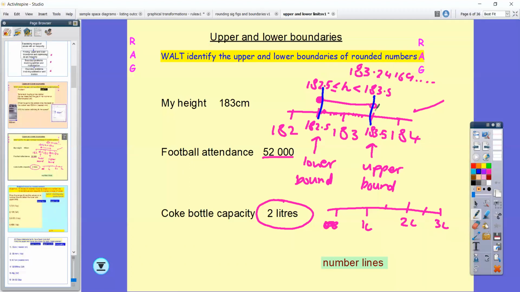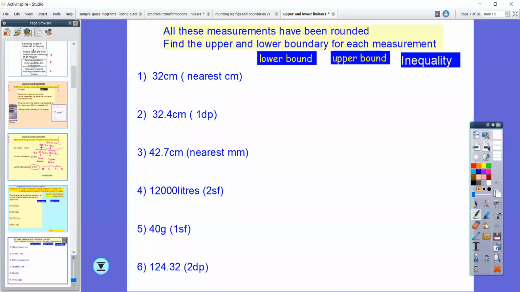Within that boundary, all those values will round to 183. On the boundary itself, one of the boundaries is included, and one of them isn't. And I think this just simplifies things rather than having to use 183.49 recurring. We can get into the argument of what's the difference between 183.49 recurring and 183.5, which is a whole other interesting thing to look at. But bounds is where I'm going to go with this. So, upper bound and lower bound.